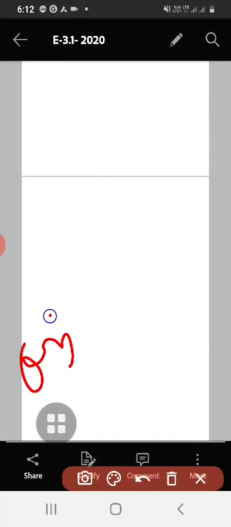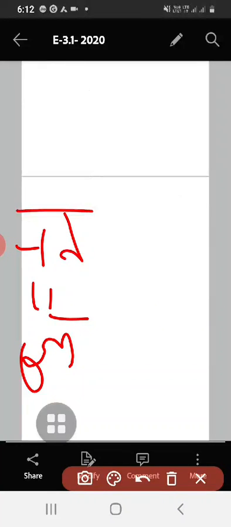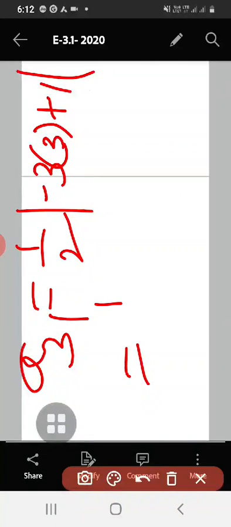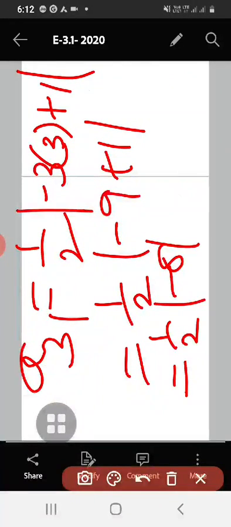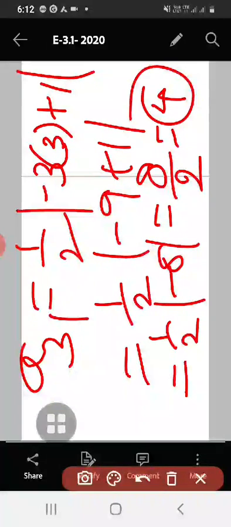Then let us go for a31, that is half into minus 3i, which means 3, plus j, which means 1. So half into minus 9 plus 1, that is half into minus 8, mod of minus 8 means 8 by 2, that is 4. So a31 is 4.